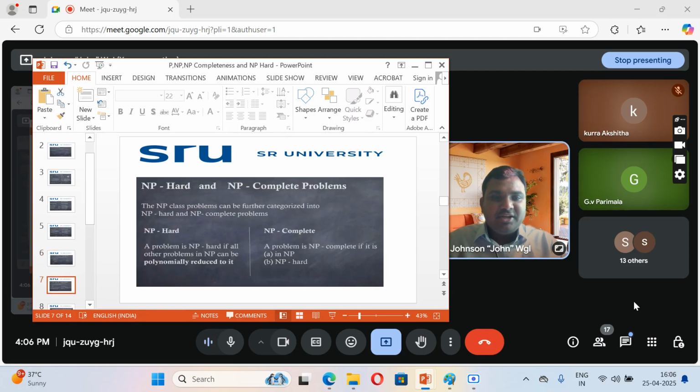Coming to NP hard and NP complete, the NP class problem can be further categorized into NP hard and NP complete. NP hard: if all other problems in NP can be polynomially reduced to it. Example, traveling salesman problem. How to reduce polynomially? Using heuristic algorithms.